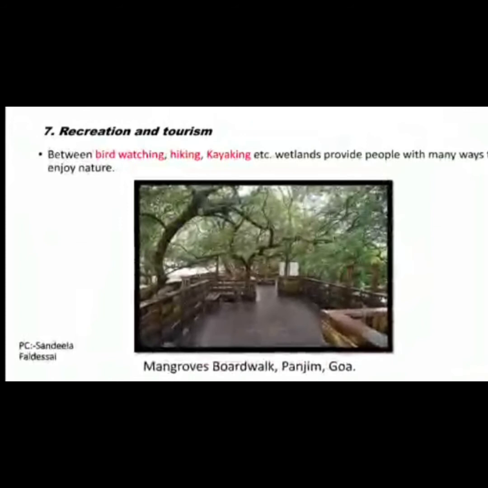Wetlands such as mangroves have been protected, conserved, and developed as public recreational spots. This provides people an opportunity to understand the value of nature, and also a good atmosphere of nature. Examples of recreation and tourism are the mangroves and bird nest in Panjim.